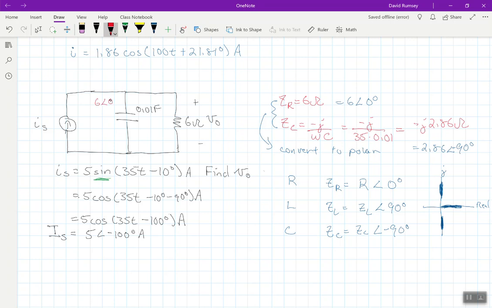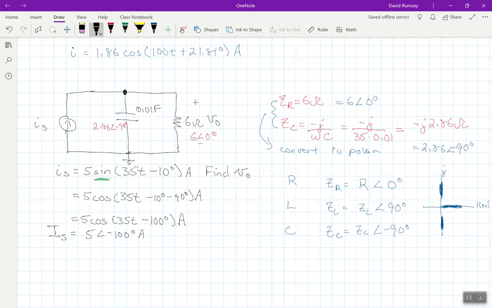6 at an angle of 0 degrees. And this is 2.86 at an angle of minus 90 degrees. All right, so again, we have all of our analysis techniques available to us. And what I would notice here is if I make this ground down here, I really just have one unknown node.